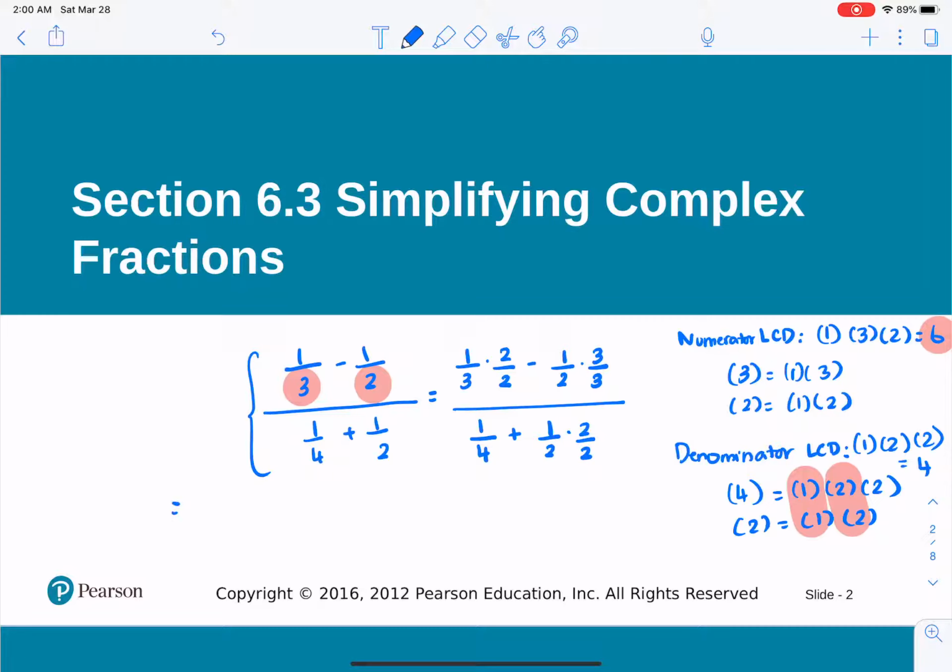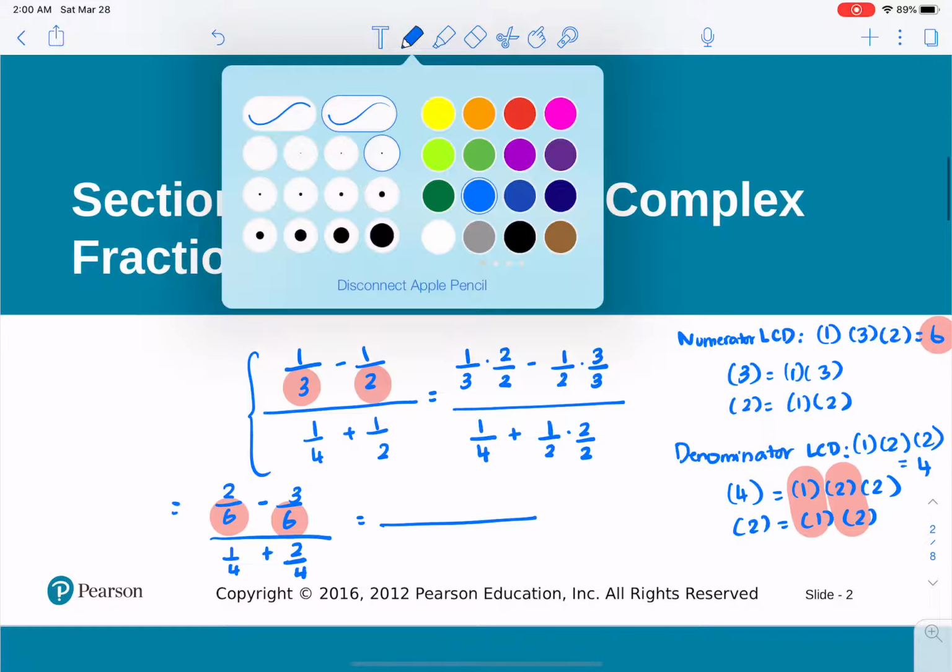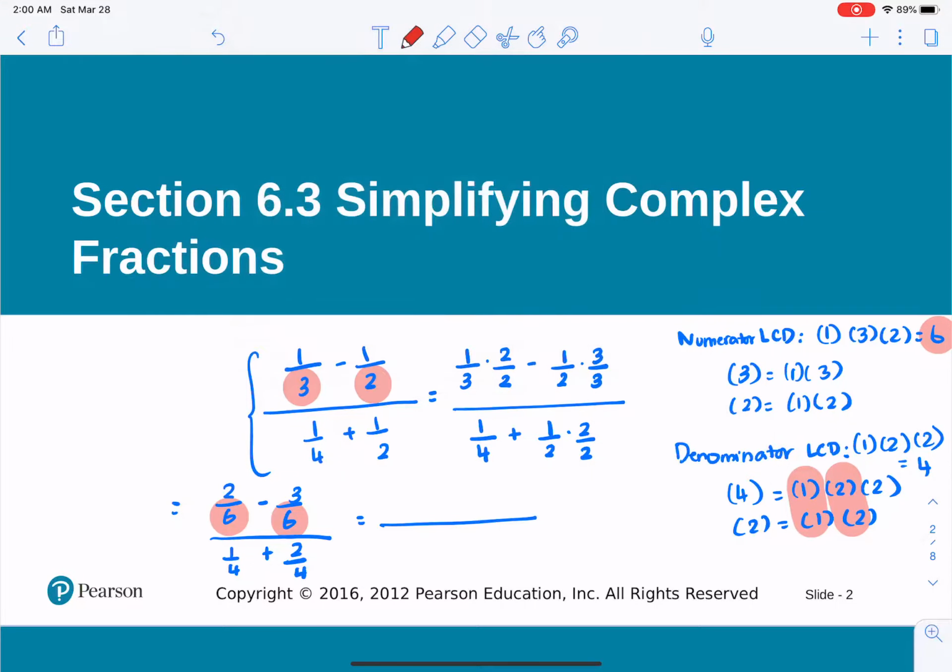So the numerator becomes 2 over 6 minus 3 over 6, and the denominator becomes 1 over 4 plus 2 over 4. So we have identical denominators, which is 6. I'm going to combine it, write it as 6, and combine the numerators, and we have 2 minus 3.